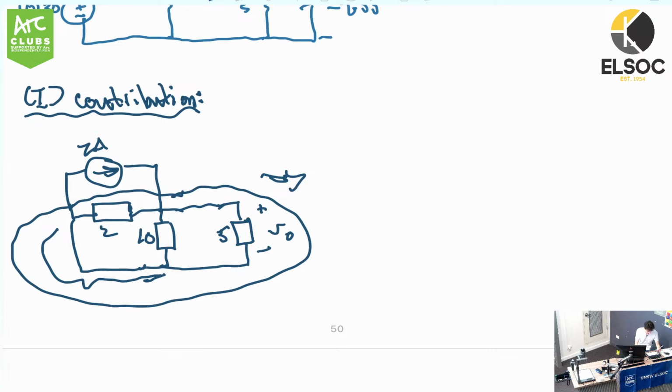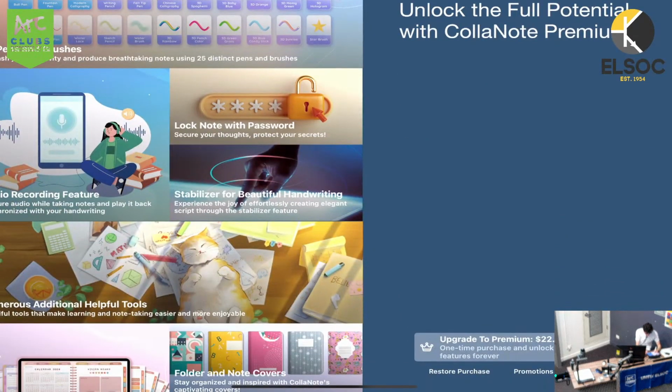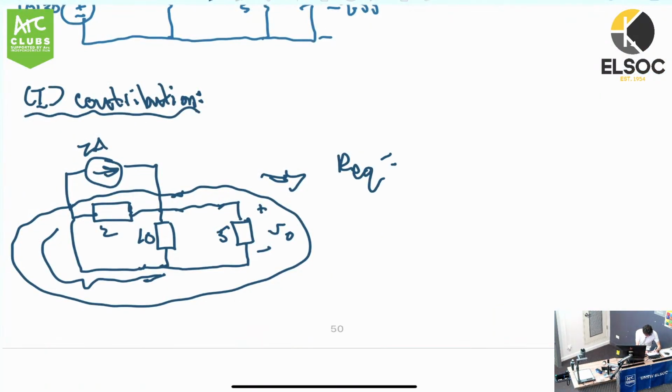So what we get is R equivalent, well, that's not cooperating. That is equal to 2 parallel 10 parallel 5. I'll just punch that into my calculator.